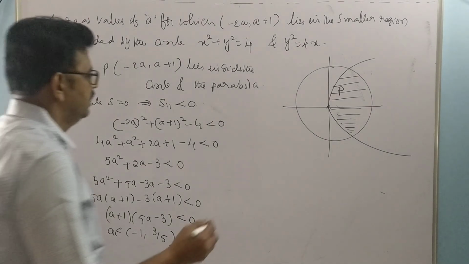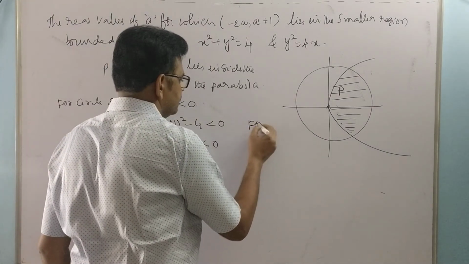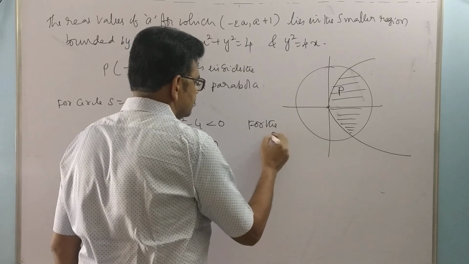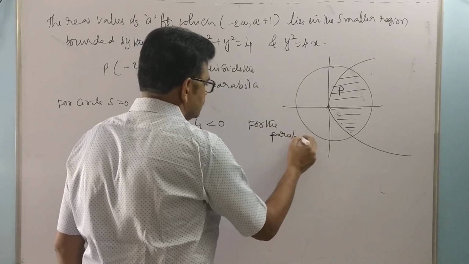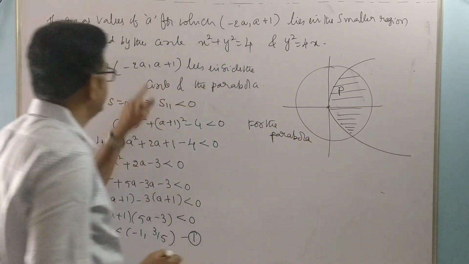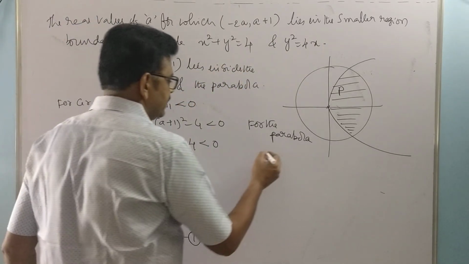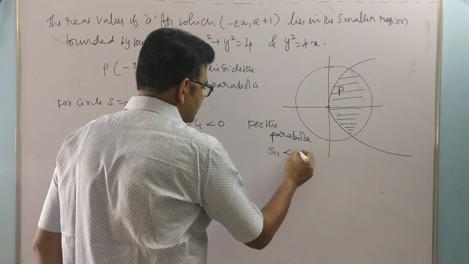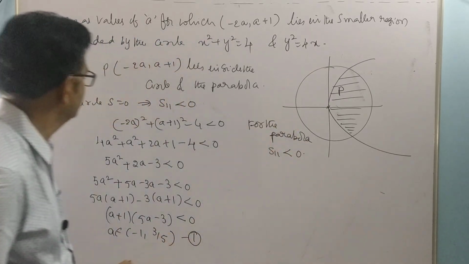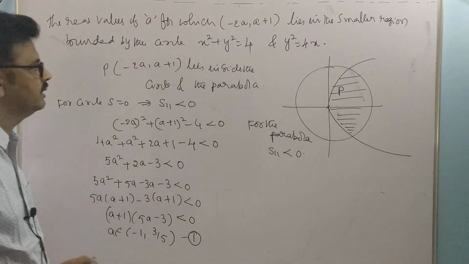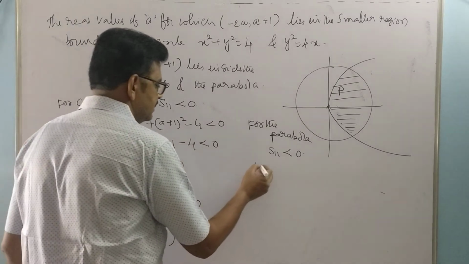And also for the parabola, the point lies inside the parabola, which implies S11 < 0. What is S11? It is y1² - 4x1 < 0. Here y1 is a+1, so (a+1)² - 4(-2a) < 0.